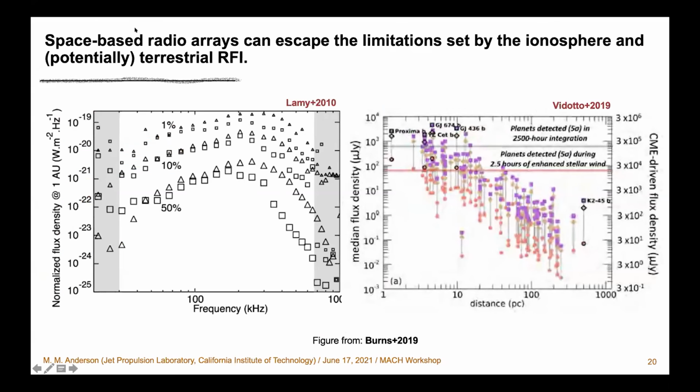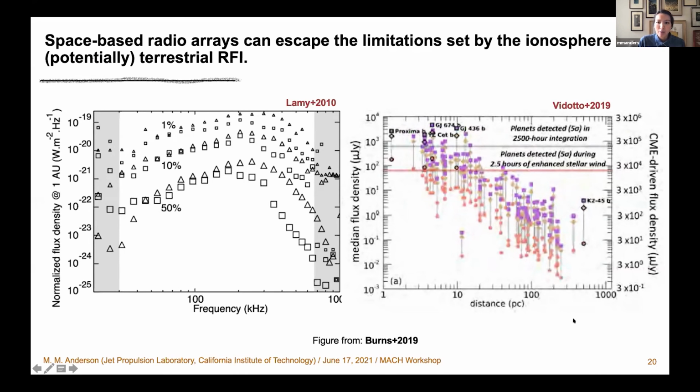I'll end on this slide and demonstrate the sort of sensitivity that a telescope like FarSide would have to terrestrial magnetospheres. What I'm showing here on the left is Earth's AKR, 50%, 10%, and 1% of the time as a function of frequency, where you can see that the range here is orders of magnitude. And on the right is what we think we'll be able to detect with something like FarSide.